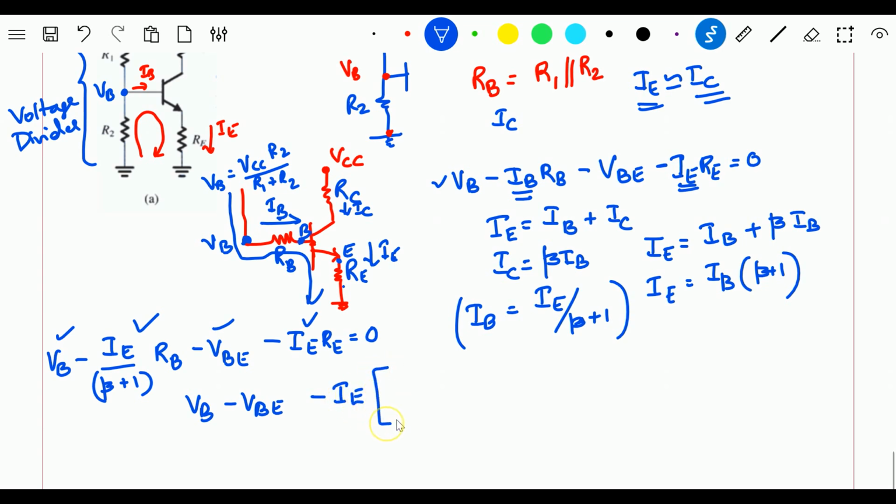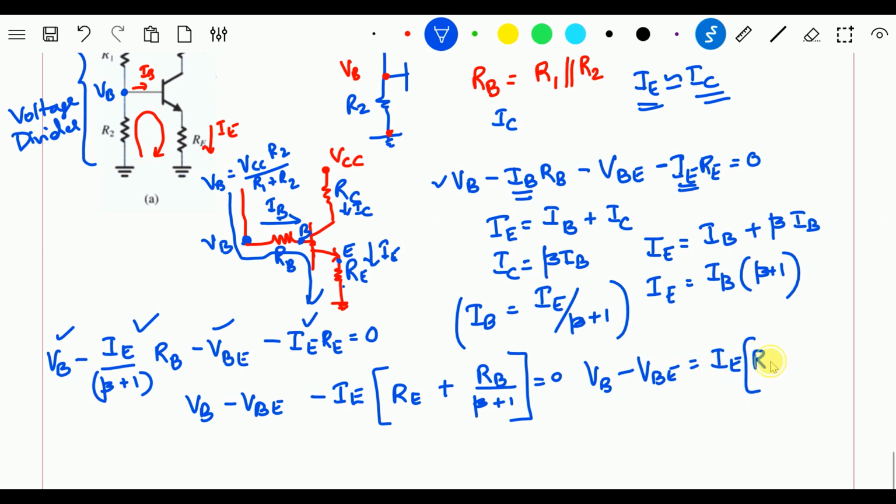So I'll be getting RE plus RB by beta plus 1, which is equal to 0. Or I can easily say this equation can be further written as VB minus VBE equals IE into RE plus RB by beta plus 1.